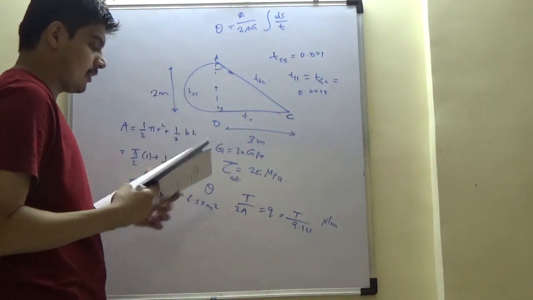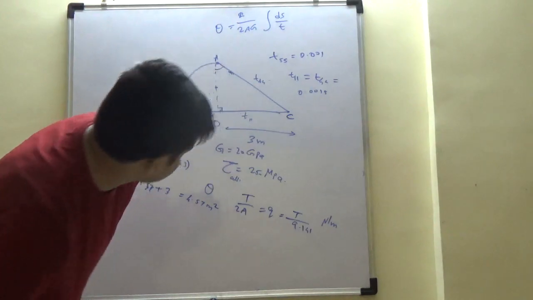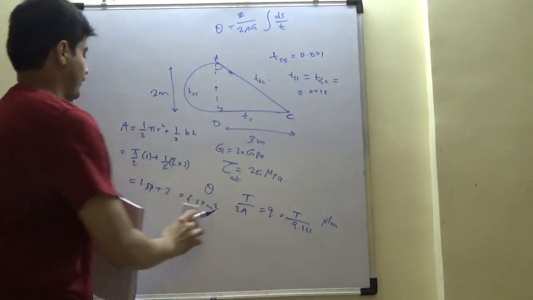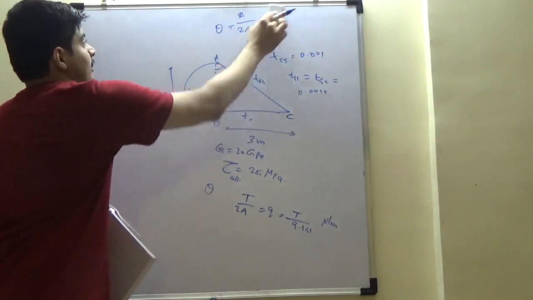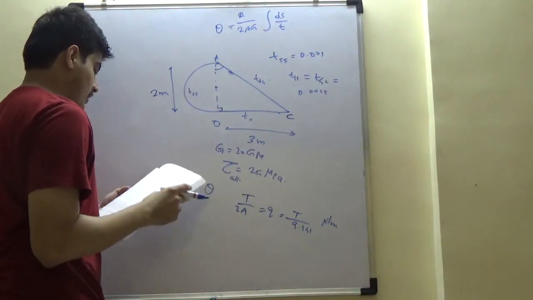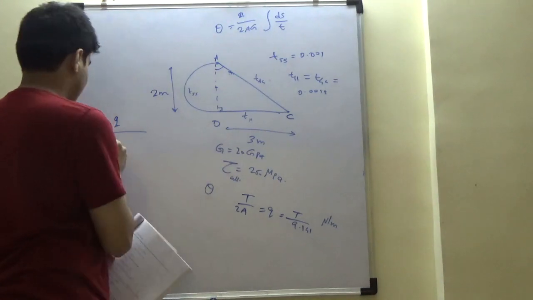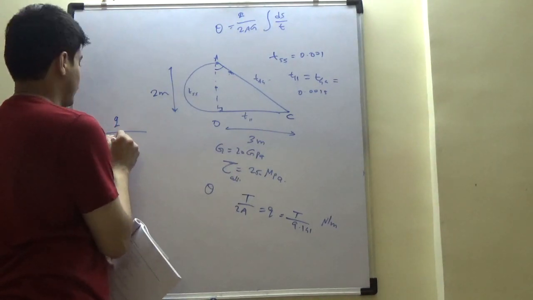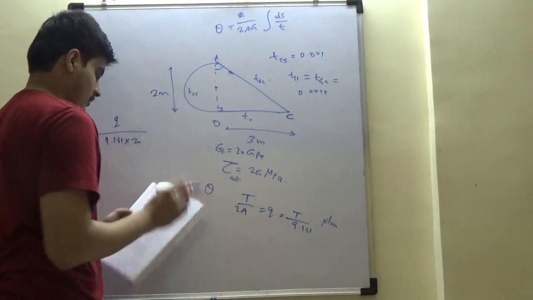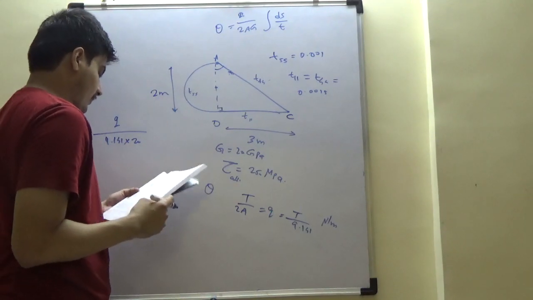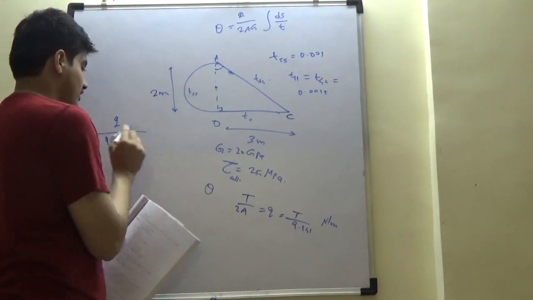We have seen this shear flow. Now what will be this integral? This integral ds upon t, which I have to find out, area is known by the way, 9.141 into G, which is 20 GPa.